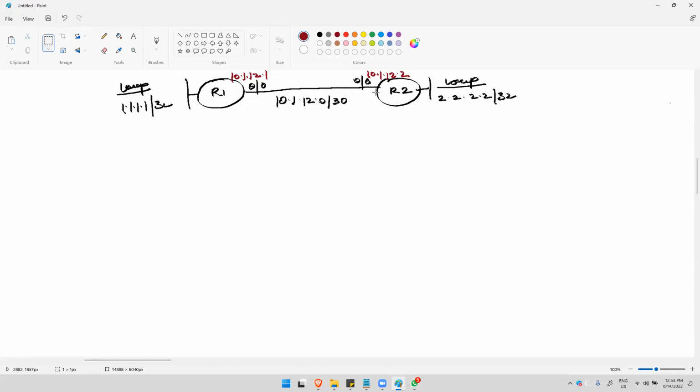Only 2: the loopback and 10.1.12.0, directly connected. For router 2, also 2 routes directly connected. Clear now?